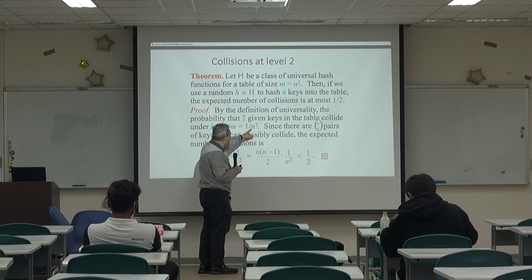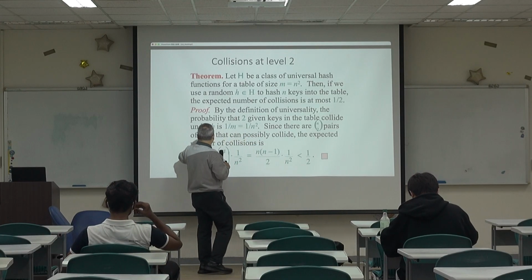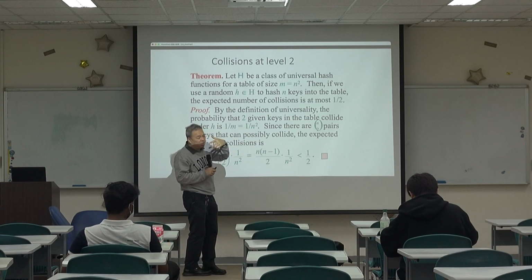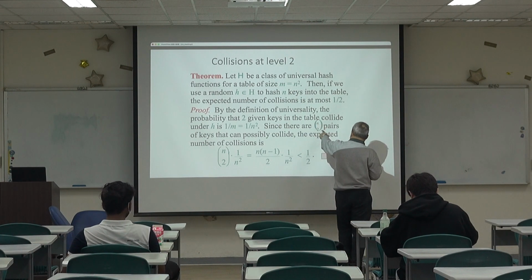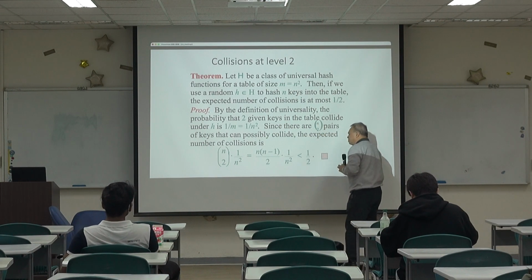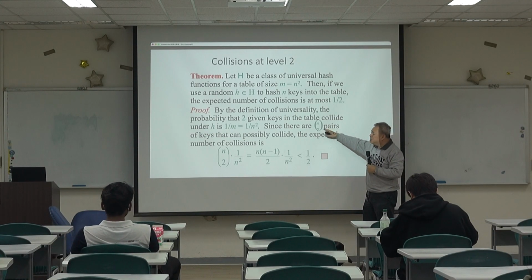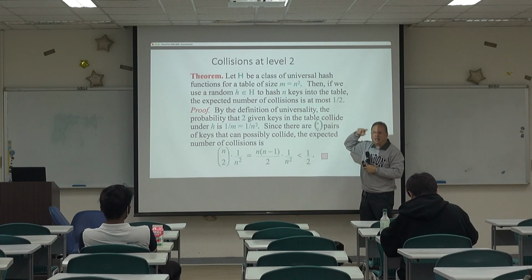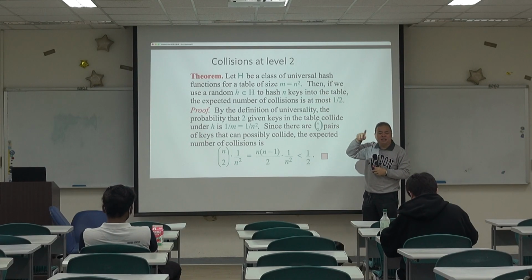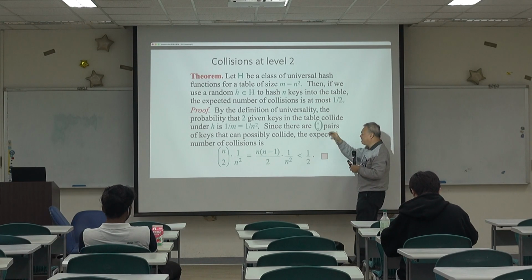And how many pairs of keys are we talking about? We randomly pick two keys from these n, so it's n times n minus 1 divided by 2 key pairs.